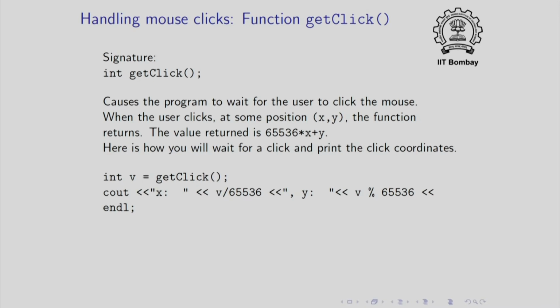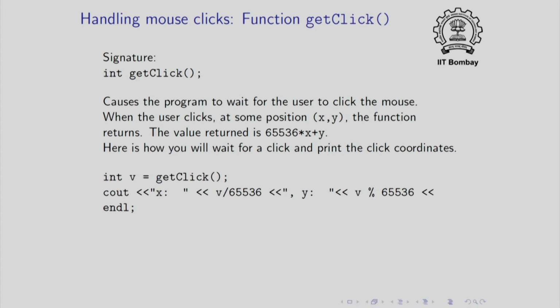Now, v contains y in the trailing, less significant 16 bits. y can be obtained from v by taking the remainder modulo 65536, and x is obtained by doing integer division of v by 65536.